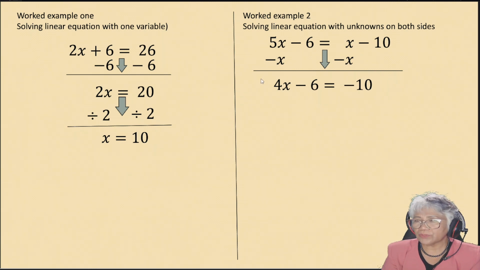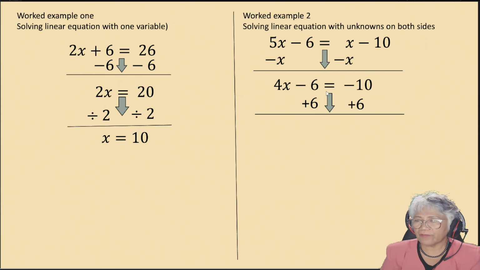Next up, we're going to get rid of this negative 6 on the left side of the equation. So we're going to use a positive 6, so we have plus 6 and plus 6. Let's look at the results.